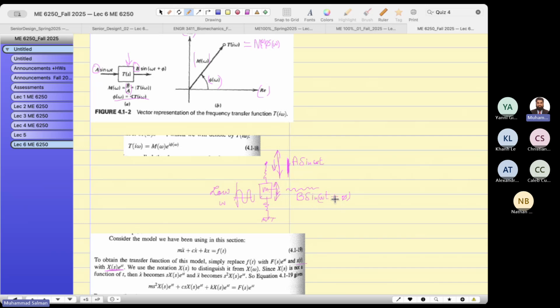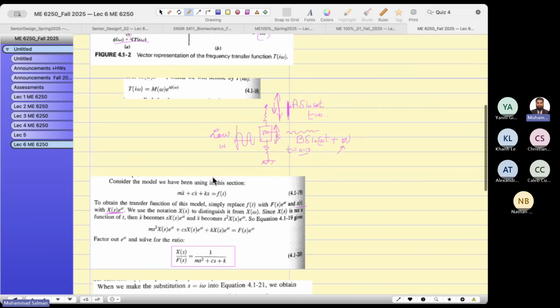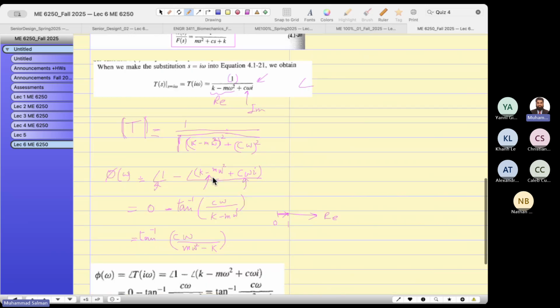It has some lag, because when you give input at t equal to 0, it will start following the input maybe at t equals 0.1 second. That can be represented in the form of a phase difference between the output response and the input response.